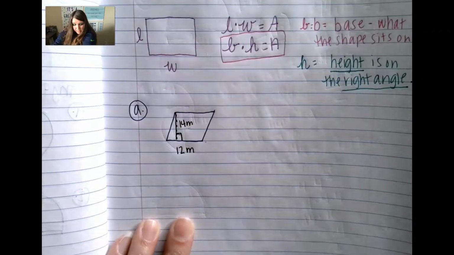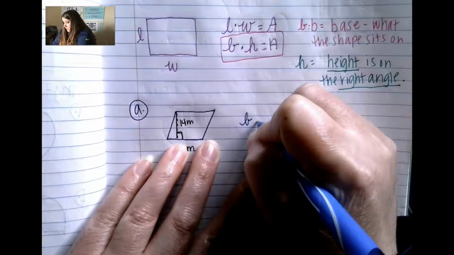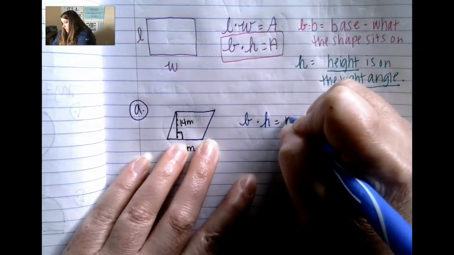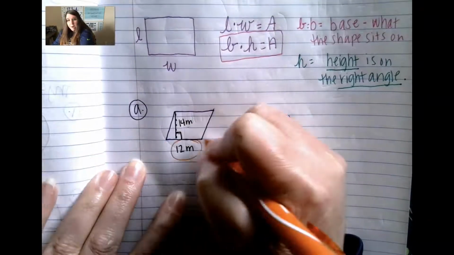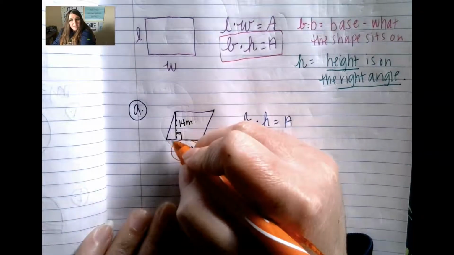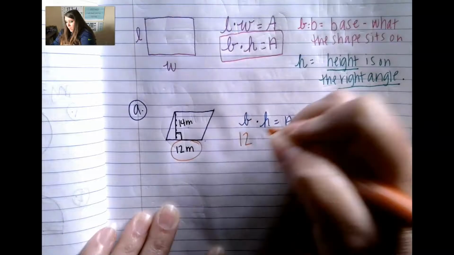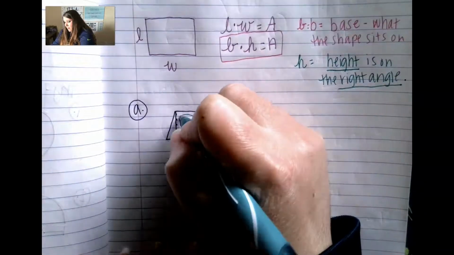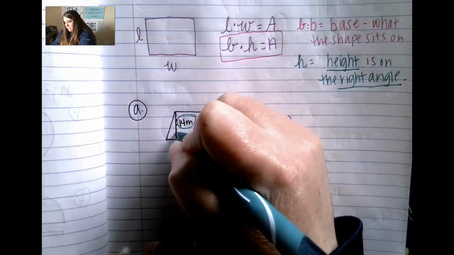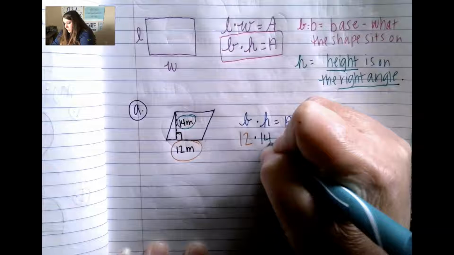We're going to use the formula base times height to find the area. Our base is 12, on the bottom of the shape. If this is 12, this is also 12 up above. We multiply that by the height, which is on the right angle, 14.